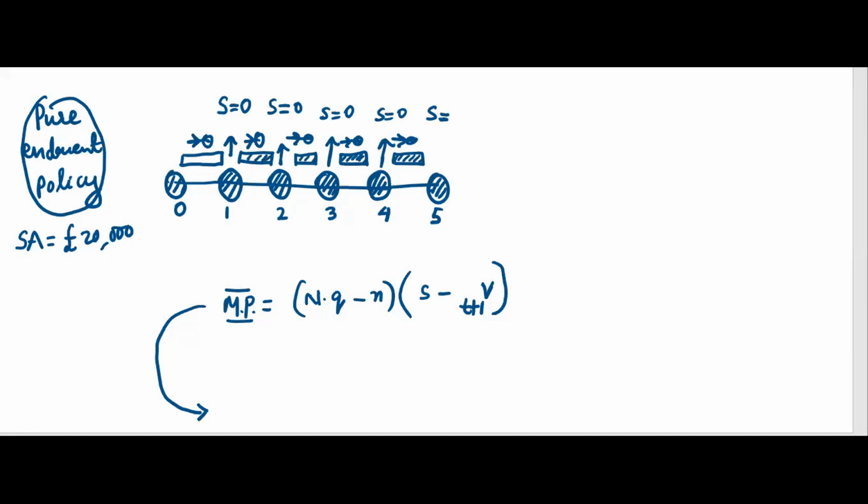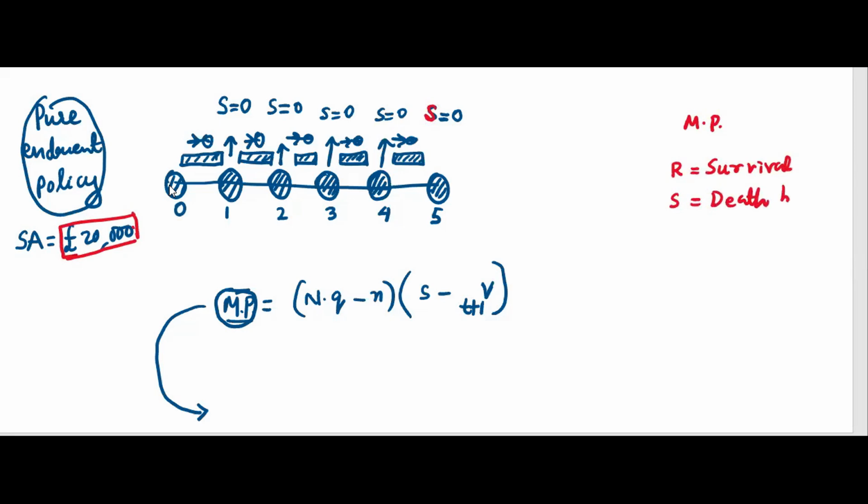So if the person dies here, then also the sum assured is 0, because in the context of mortality profit, remember, very important, S is always the sum assured, that means the death benefit. Remember, when you are finding mortality profit, there is a notation. We'll bring R also. R is the survival benefit, and S is the death benefit.